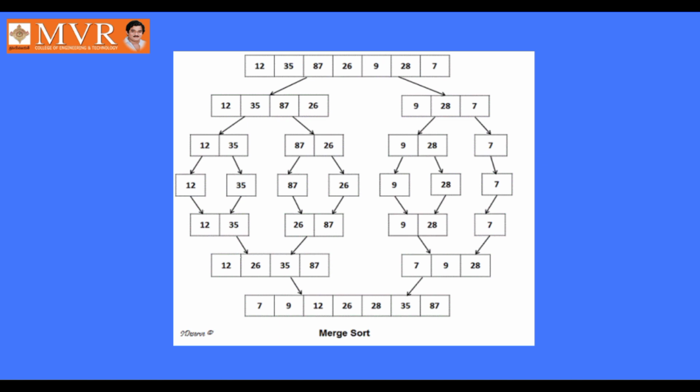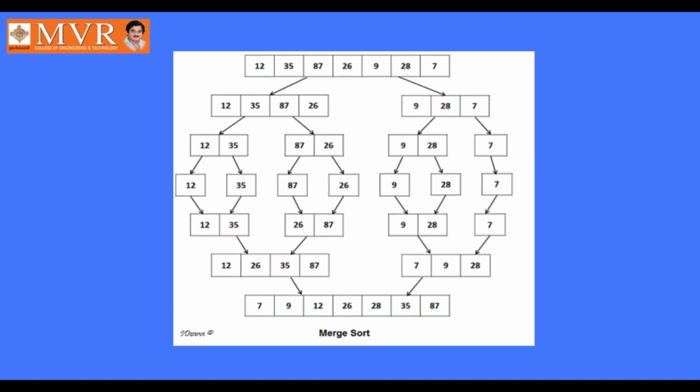Whatever example you are doing, or whatever merge sort procedure you are doing, first, after getting the array or list of elements, write them in an array, then give them numbers from 0 to n minus 1 or 1 to n, and then only start the procedure.